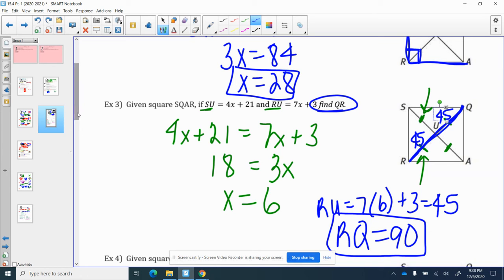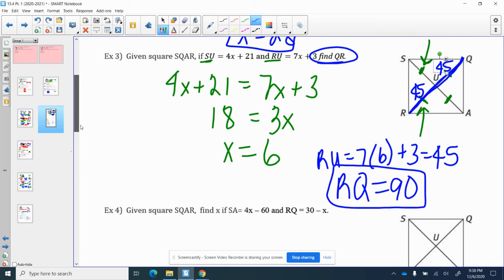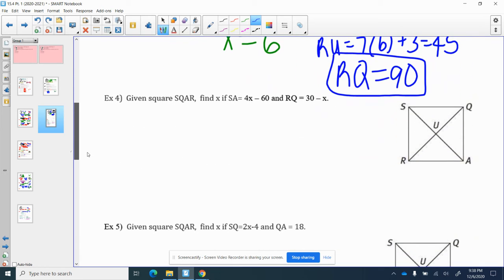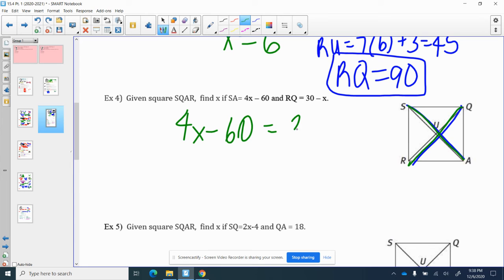Okay. Now, the next one then is asking us to look at the diagonals SA and RQ. Well, again, just like we know the little pieces are congruent, we know the big diagonals are equal to each other as well in a square because that's the property of a rectangle.